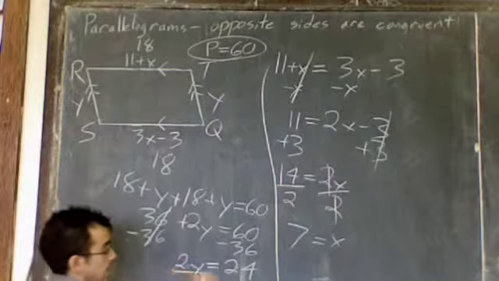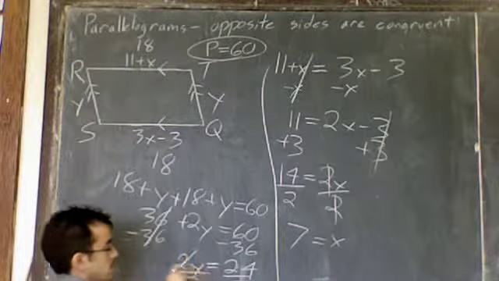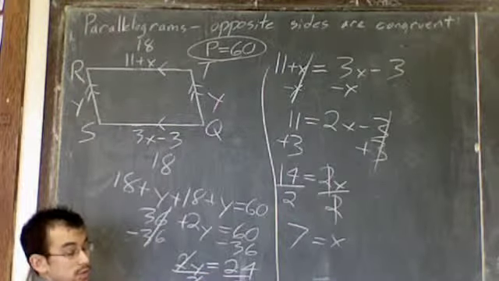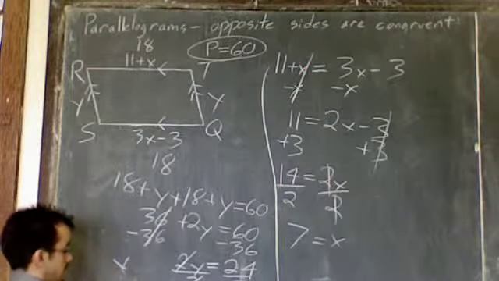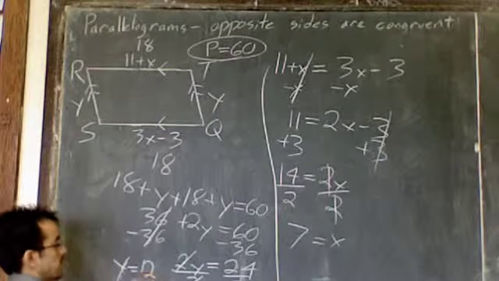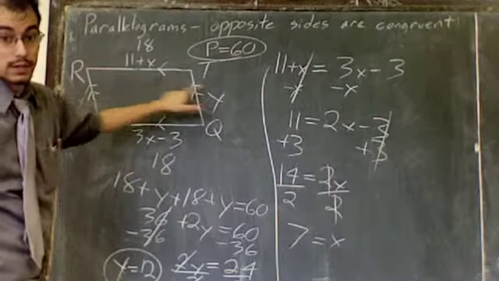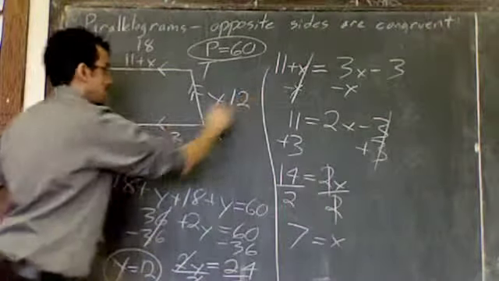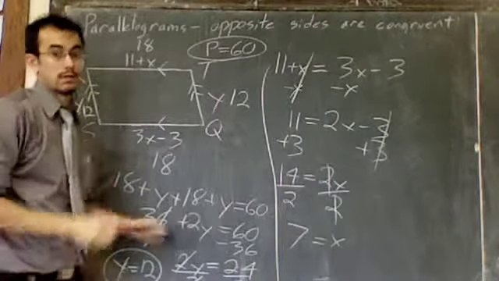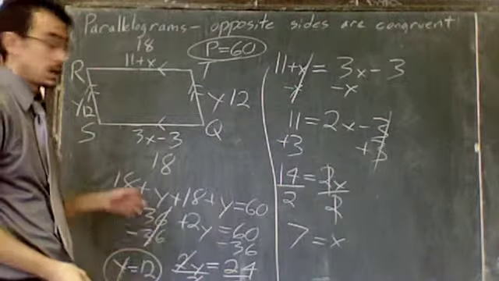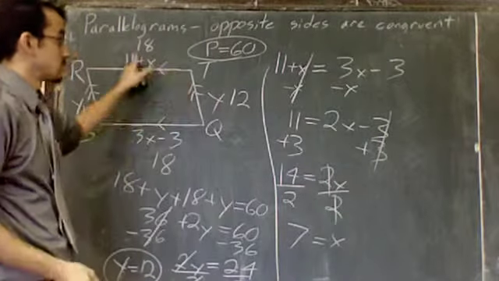To get rid of this, we divide by 2. 24 divided by 2 tells us our answer. We should know that y is 12. We now know the lengths of these two sides. This side's 12. This side is 12. To check your answer, make sure that these four do indeed add up to your perimeter.